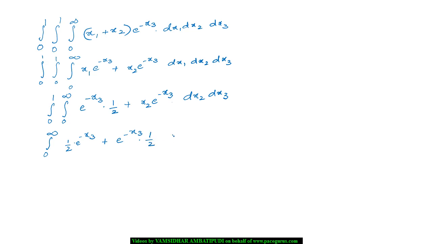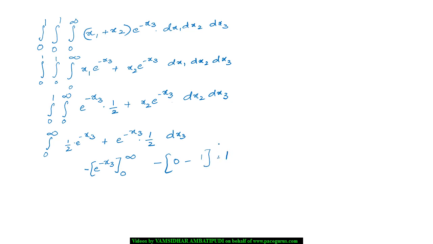So this becomes dx3. So 1 by 2 e to the power of minus x3 plus 1 by 2 e to the power of minus x3, which is e to the power of minus x3 itself. So integrating e to the power of minus x3 gives minus e to the power of minus x3, between infinity and 0. So making it minus of e to the power of minus infinity is 0, minus e to the power of 0 is 1, overall it is 1.